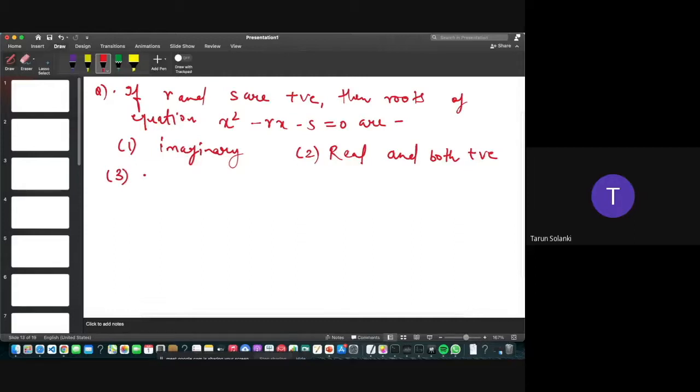The third option is real and opposite signs. And the last option is real and both negative.